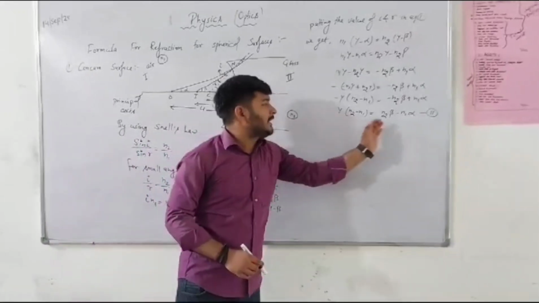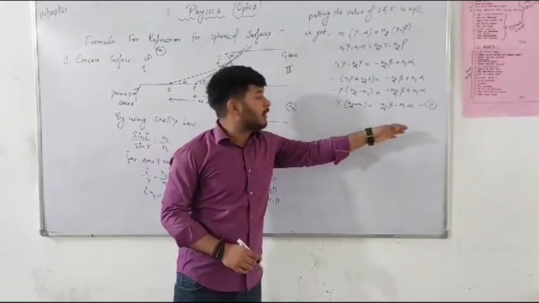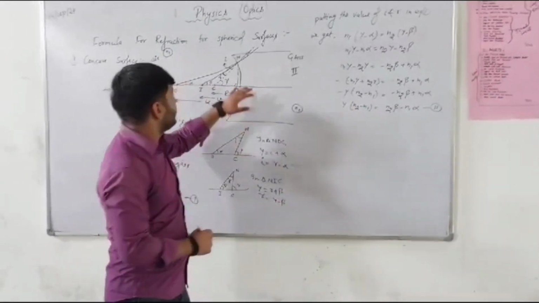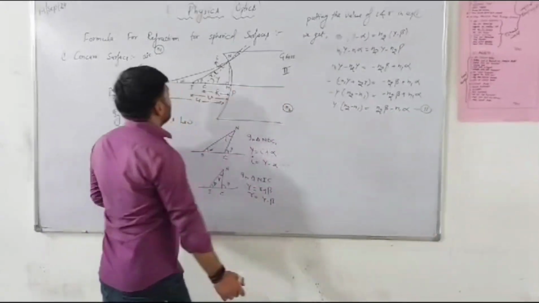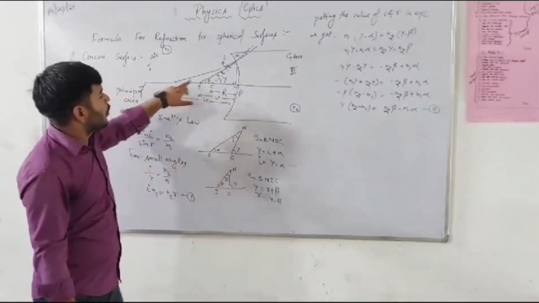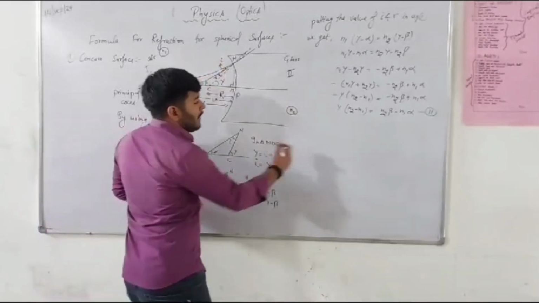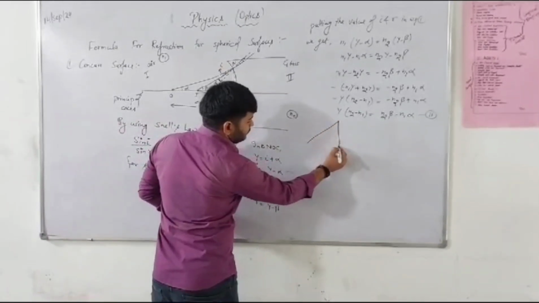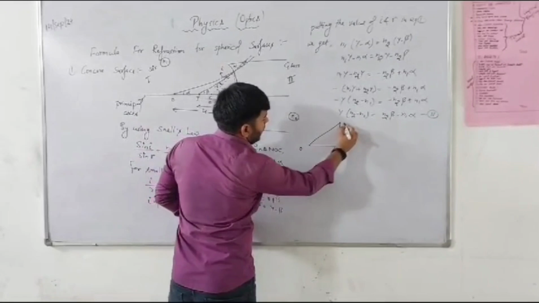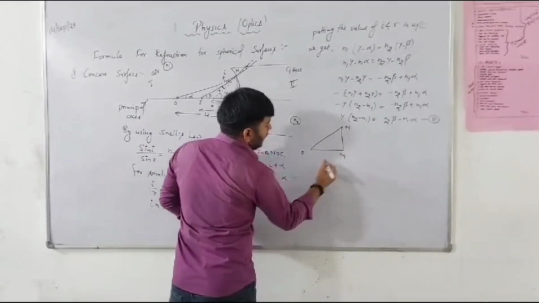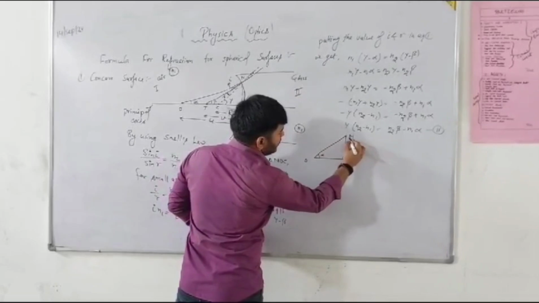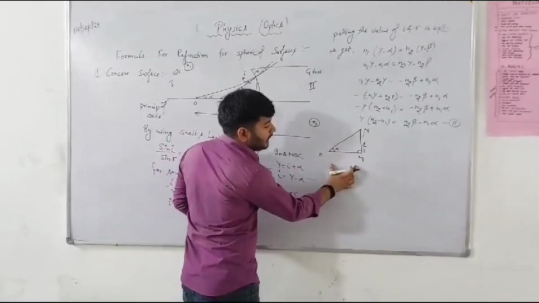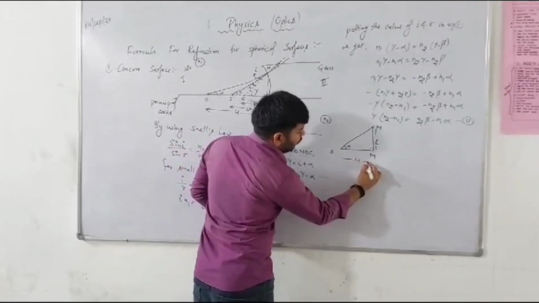Now we have to find the values of these three variables with the help of the diagram. Before finding the value of alpha, we have to check the triangle ONM. About triangle ONM, here this is angle alpha, this is height h, and this is the distance which we call u.